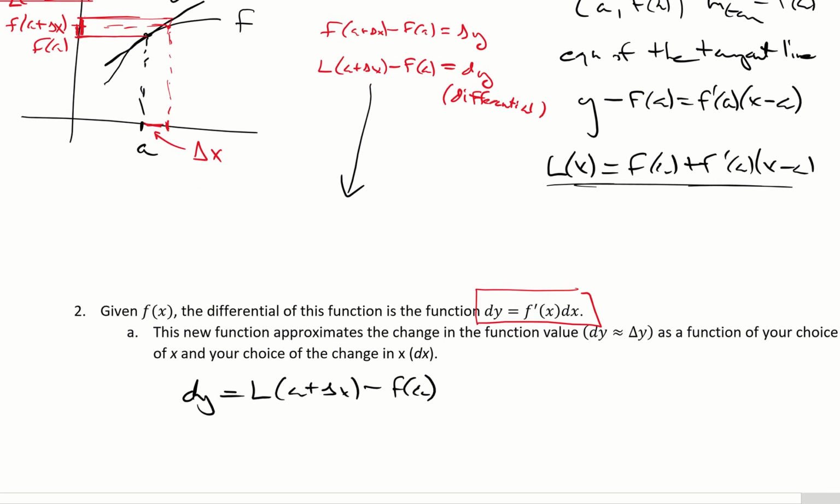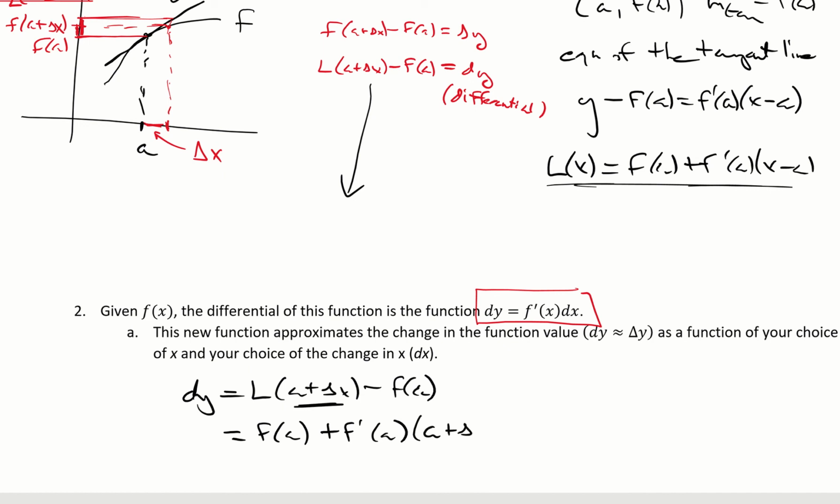So it's equal to f of a plus f prime of a times, we're going to plug this in for x, a plus delta x minus a. And then minus the f of a at the tail end.